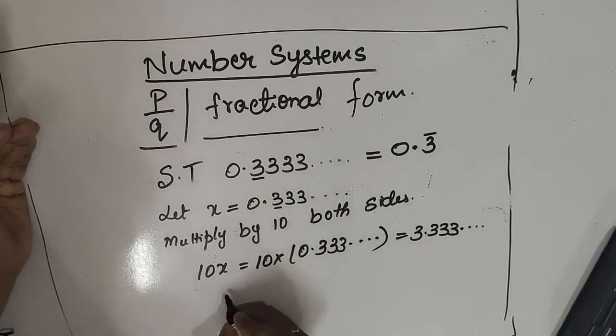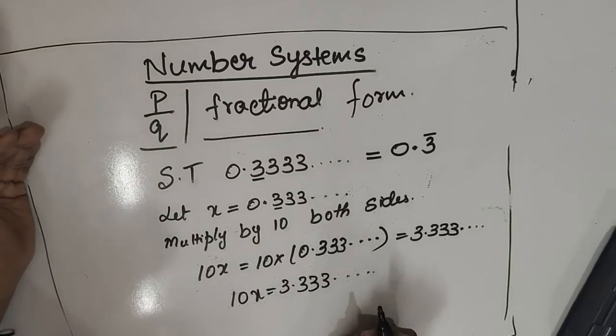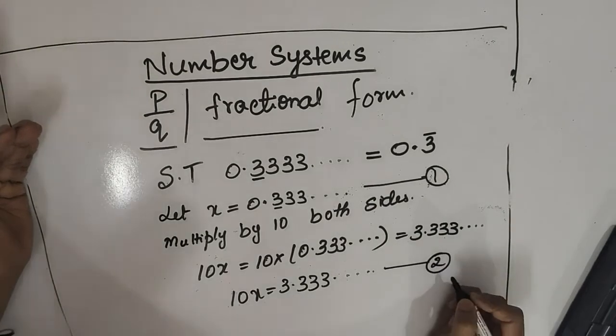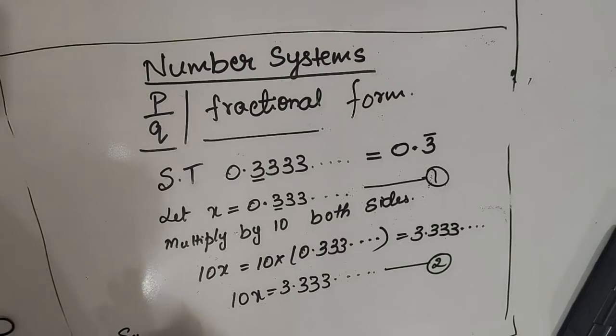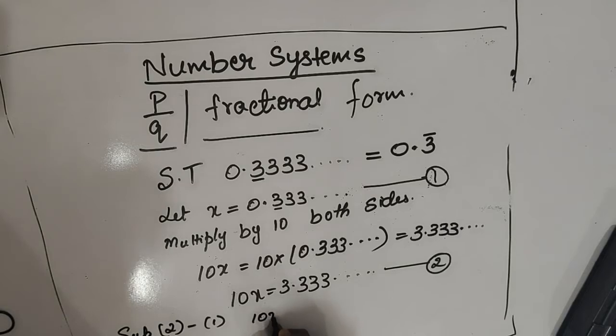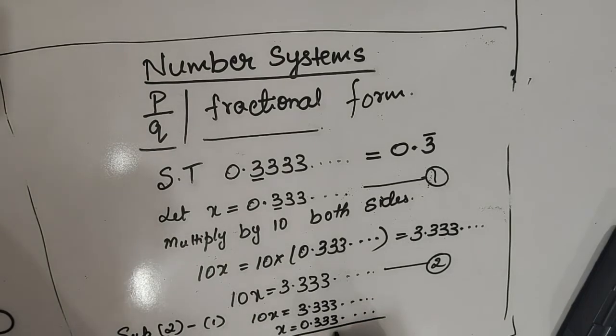Okay, now I'll write once again down: 10x equal to 3.333 and so on. This is the second one we got, and the first one is x equal to 0.333 and so on. Now subtract 2 minus 1. 10x minus x is 9x.